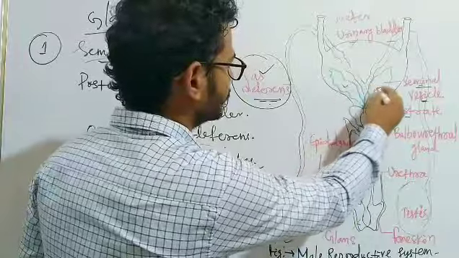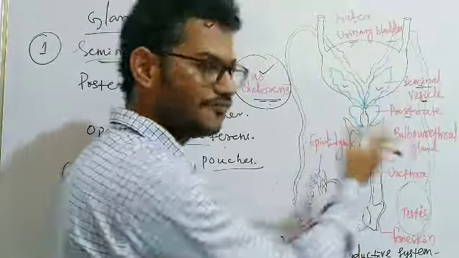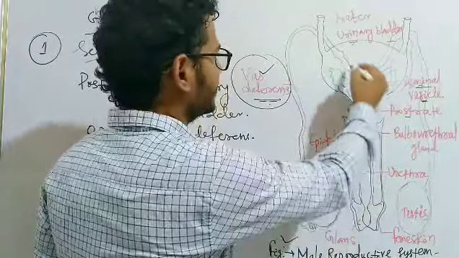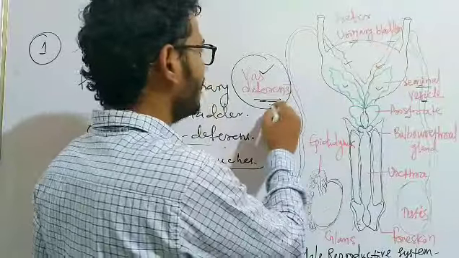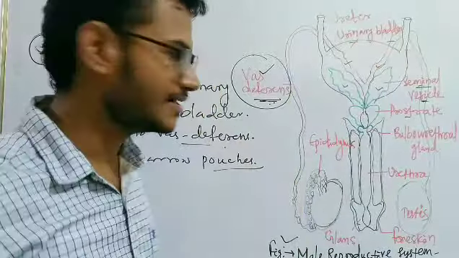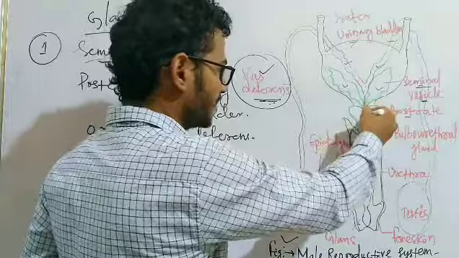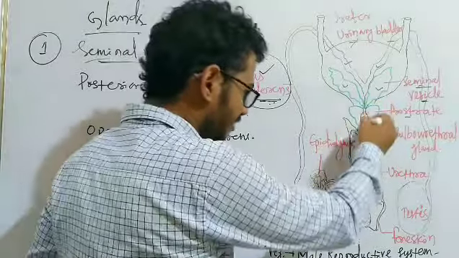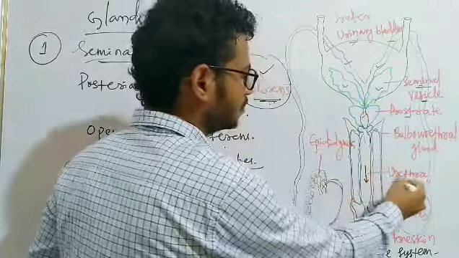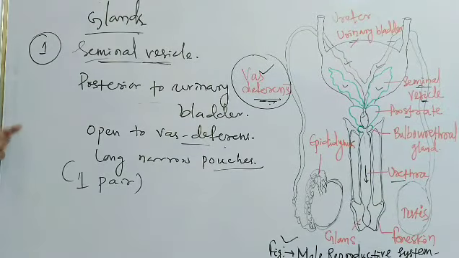So when the two seminal vesicles present on both sides join the two vas deferens coming from two different testes, they form the ejaculatory duct, and this ejaculatory duct opens into the urethra.